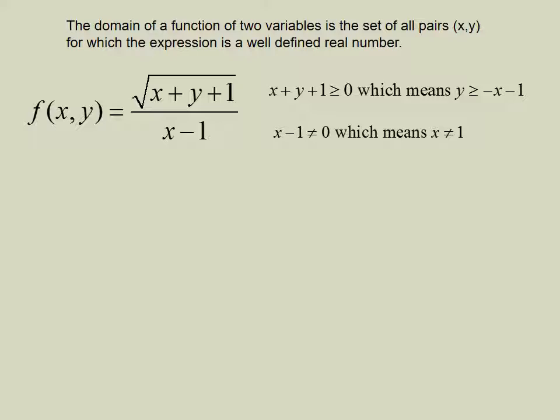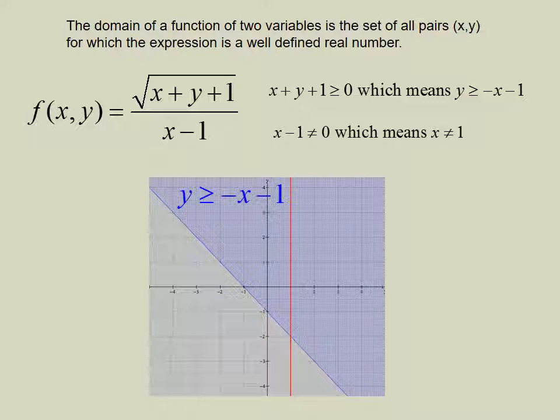So if we modify x plus y plus 1 greater than or equal to 0, we get y greater than or equal to negative x minus 1. Well, y equals negative x minus 1 is a straight line. Here's the graph of that. So the straight line, y equals negative x minus 1, and everything above it, except for what's along the red line, is the domain of this function.